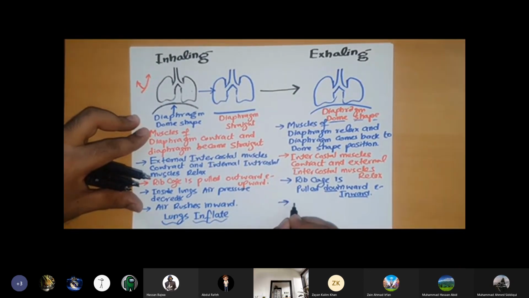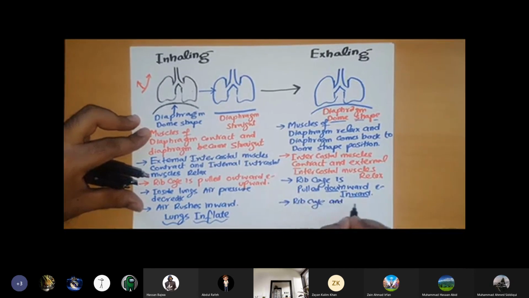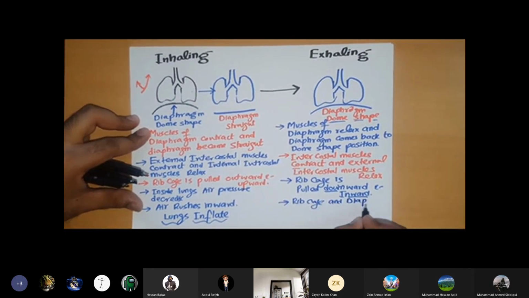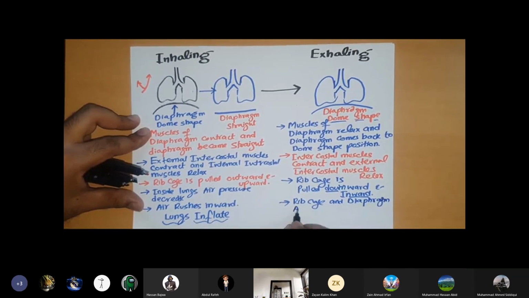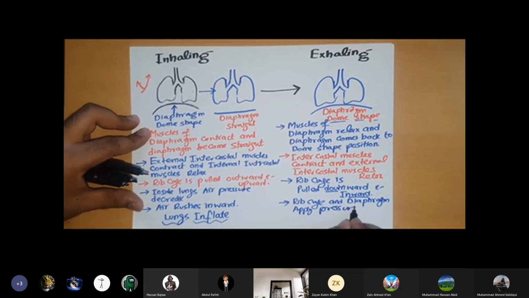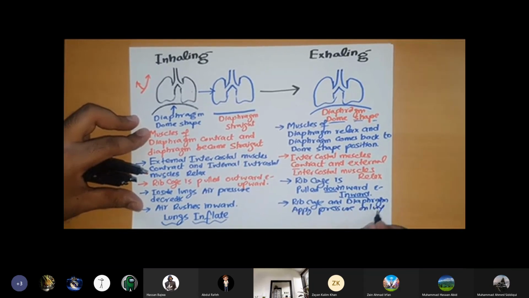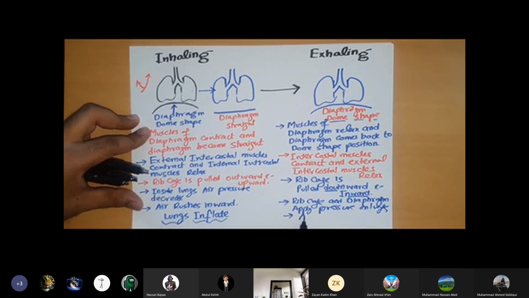So let me mention over here that the rib cage and diaphragm apply pressure on the lungs, and what happens?